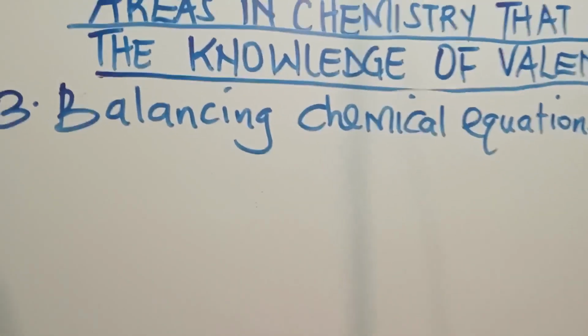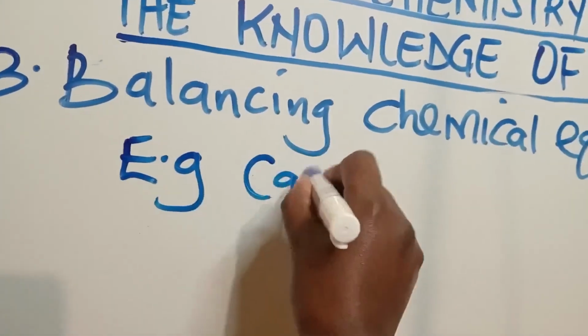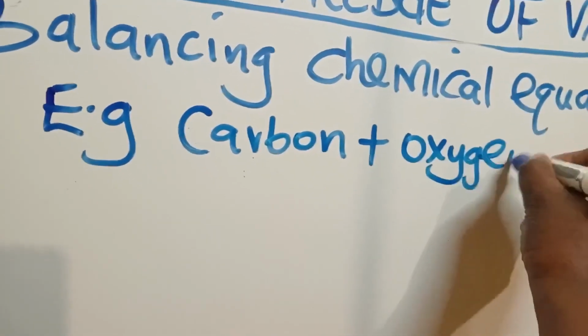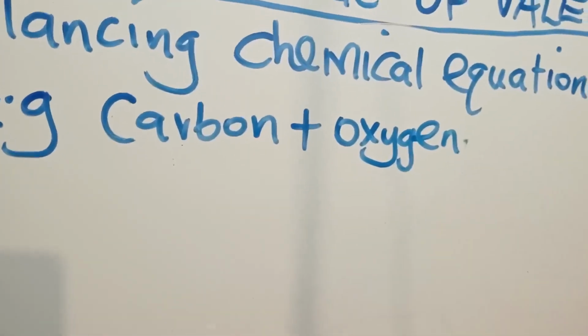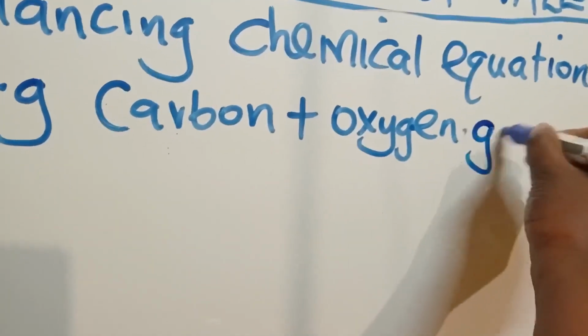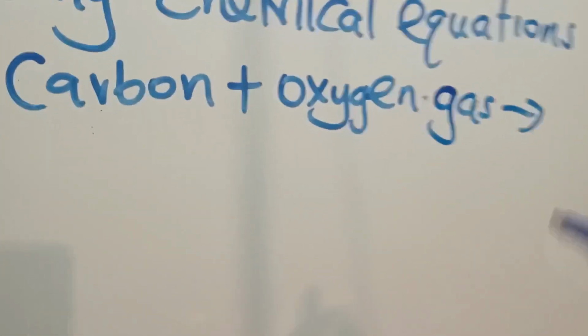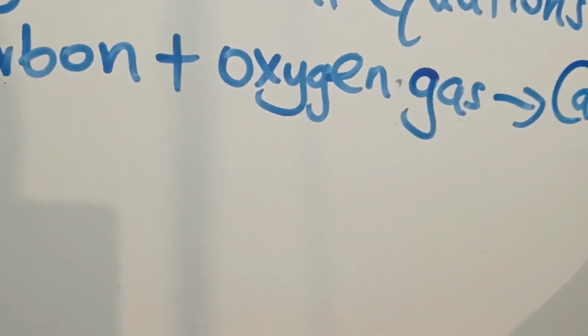Let me give an example of this equation. When carbon reacts with oxygen gas, of course, we need to write the word gas, so that we can form carbon 4 oxide gas.